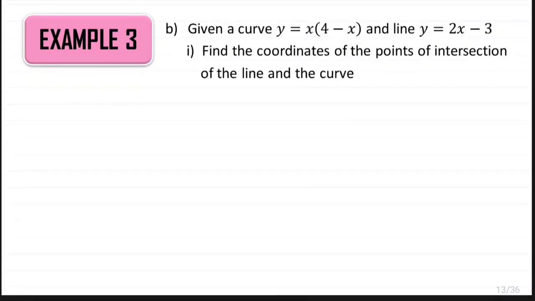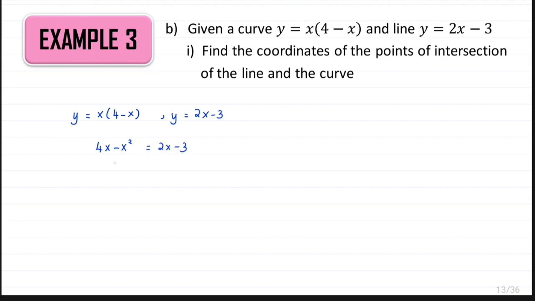Example 3b. Given a curve y equals x times (4 minus x) and line y equals 2x minus 3. Curve and line. First find the coordinates of the points of intersection of the line and the curve. Both are y, so expand, 4x minus x squared, same as 2x minus 3.